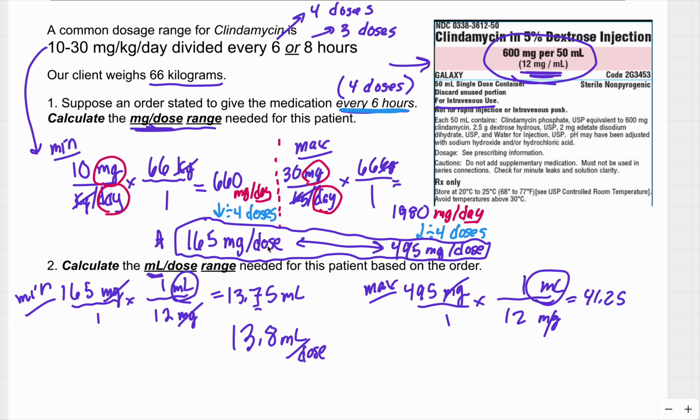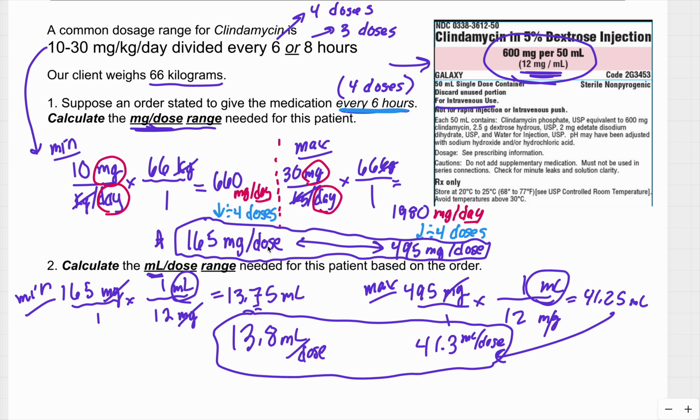And this is milliliters. So this would be 41.3 milliliters per dose. So that means, depending on what the prescriber orders, it should be somewhere between 13.8 milliliters and 41.3 milliliters per dose. That's what we are expecting for this individual who weighs 66 kilograms to receive.